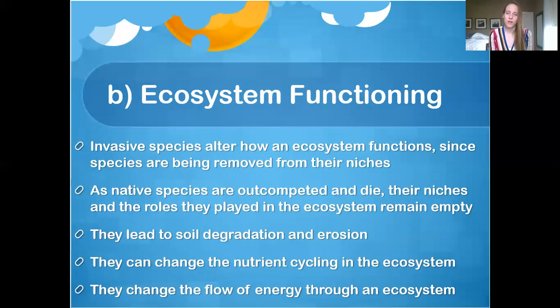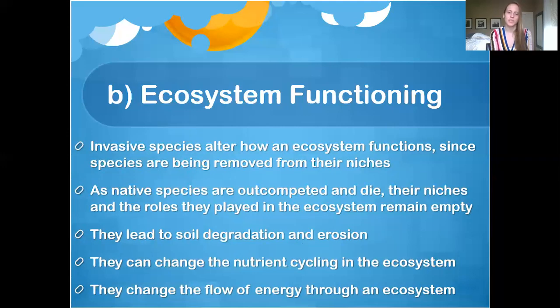Invasive species can also alter how an ecosystem functions because they are going to essentially go in and start taking over either entire niches or parts of niches from other species. As the native species is outcompeted and dies, sometimes part of their role in that ecosystem, part of their niche, can remain empty because the invasive species might have taken over the part of their niche that had to do with how they ate, but it might not have taken over some of their other roles in that ecosystem.